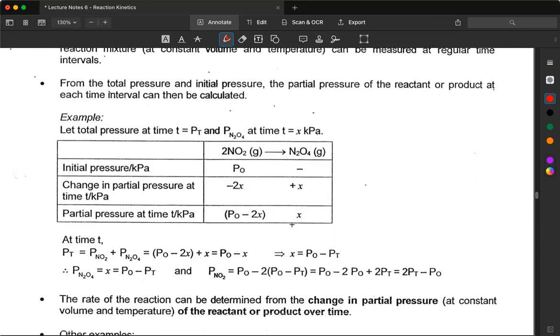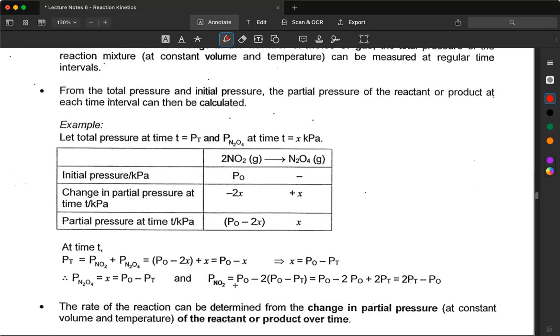So x is the partial pressure of N2O4 at equilibrium. Then the pressure of NO2 is just the initial pressure minus 2 times x, which is P0 minus PT, then it becomes 2PT minus P0. So something along that line.